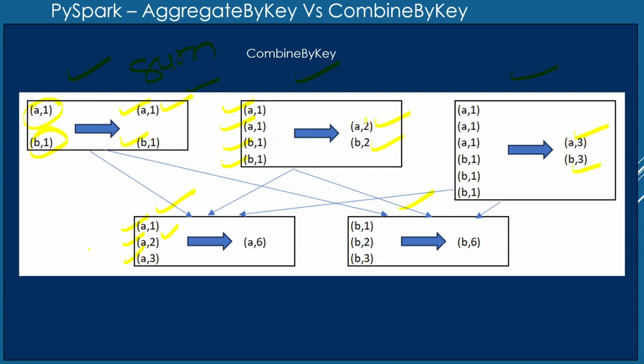This A2 is the result of the locally aggregated value which took place in this partition, and this A3 is the locally aggregated value of this partition. Same for B. So we have seen that this local aggregation happens with the help of the sequence operation, and this merging is done with the help of the merge.